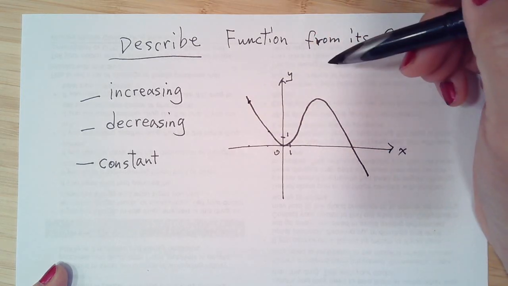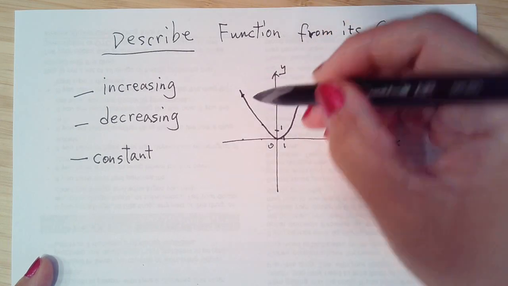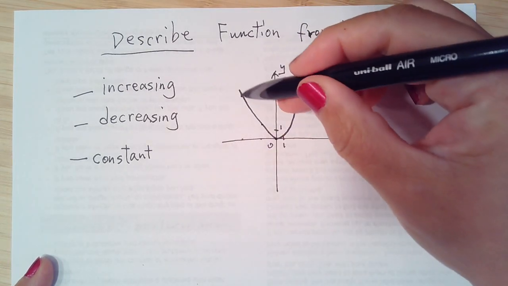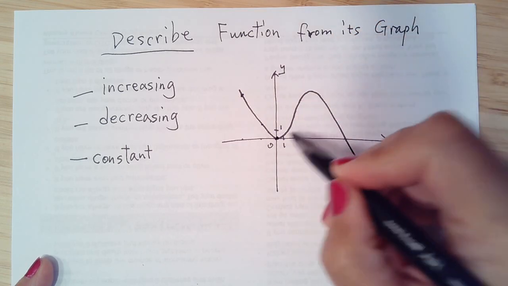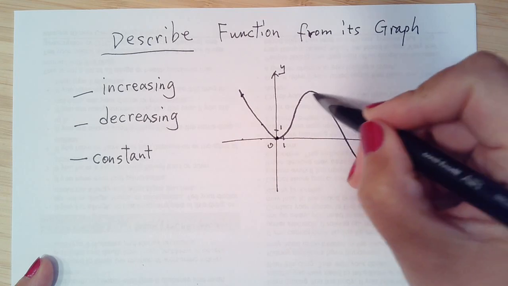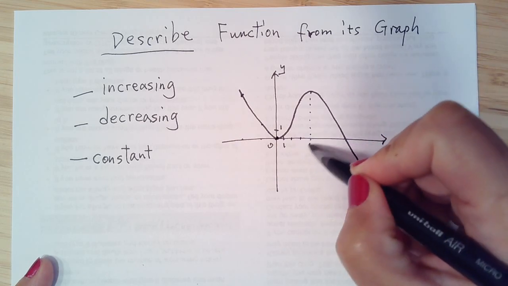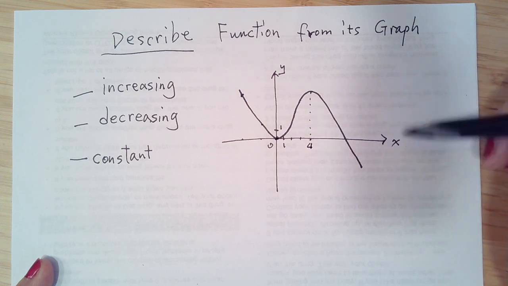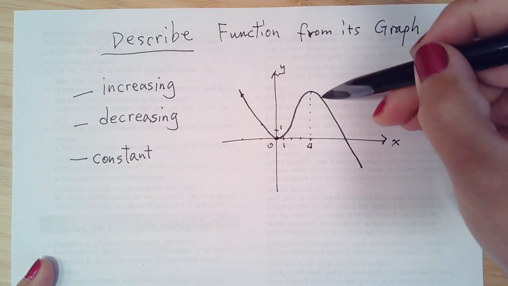Now this function, can you tell me where this function is decreasing? Well, the function is decreasing when x is less than 0, so it goes down until x touches 0, and then from 0 to somewhere here, let's say that would be 1, 2, 3, okay, so that's 4. And then from 4 and above, when x goes from 4 and above, y value goes down.